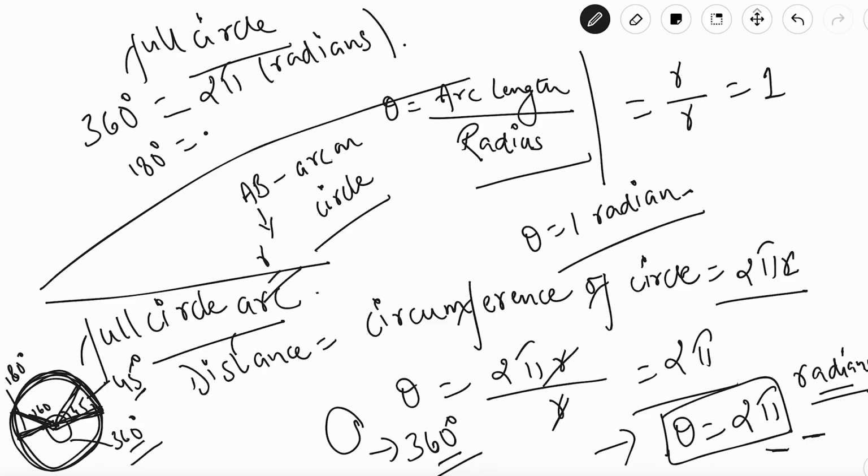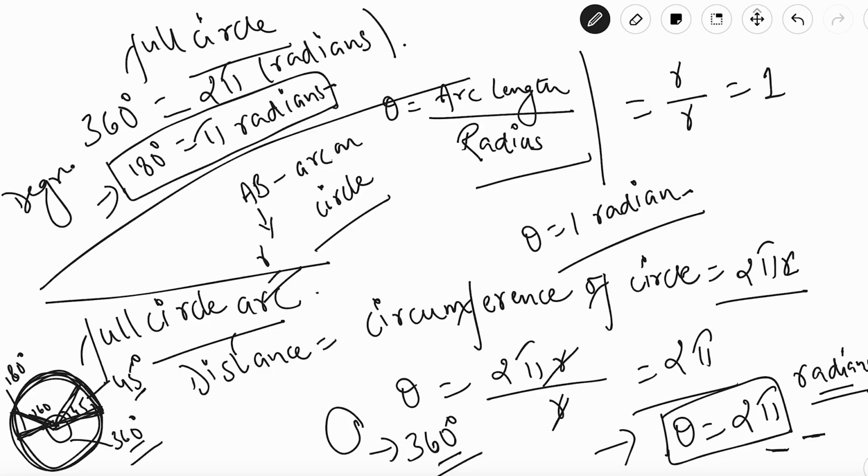When we divide both sides by 2, we get 180 degrees is equal to pi radians. This is a very important relationship that we need to keep in mind, the relation between degrees and radians.